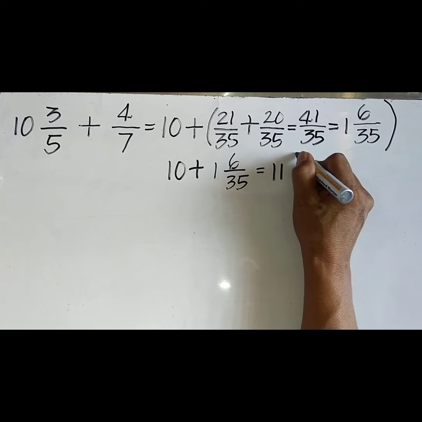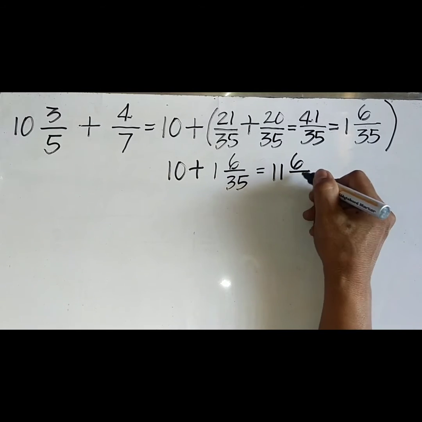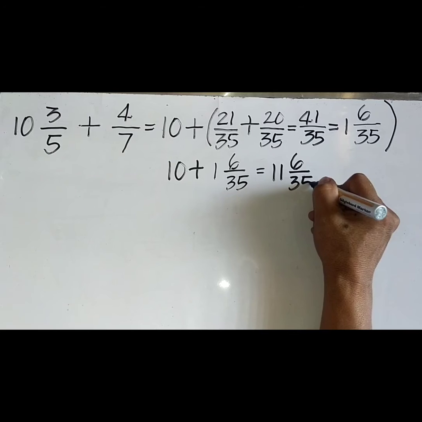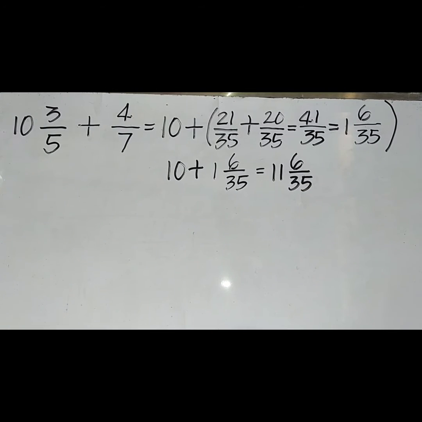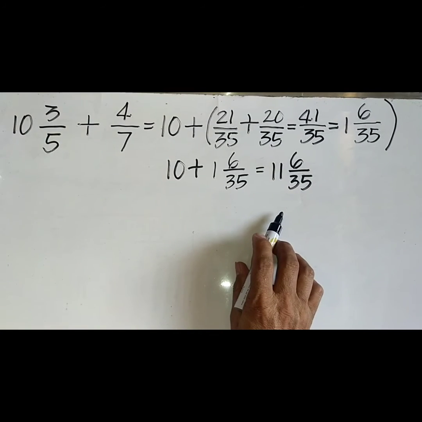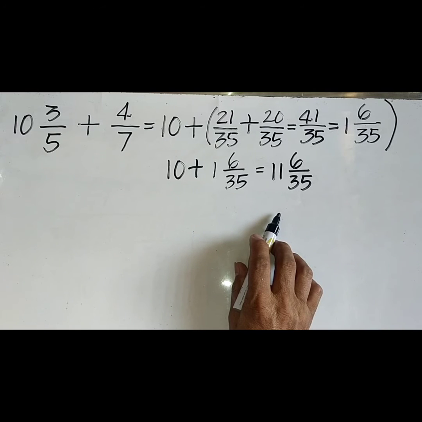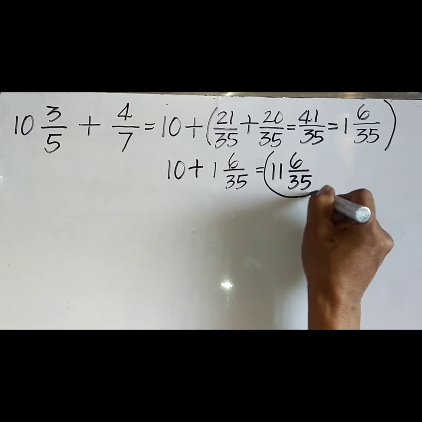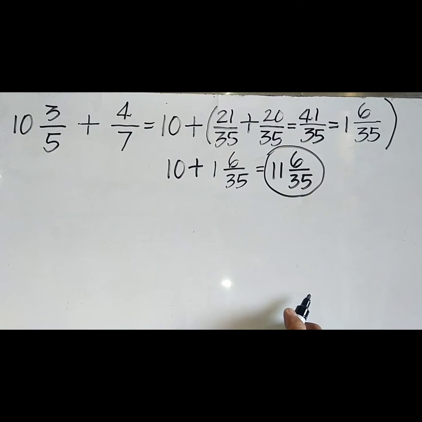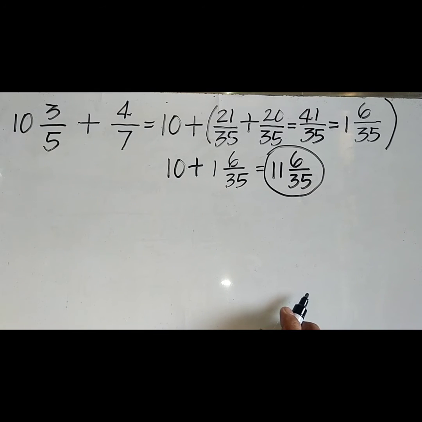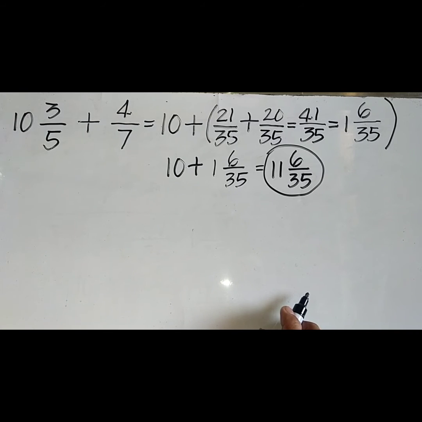Then we write the fraction 6/35, making our answer a mixed number, 11 and 6 over 35. So this will now be our final answer. So very simple. Just follow the steps. We'll apply the same rule in adding decimal fractions, and we will come up with a correct result.